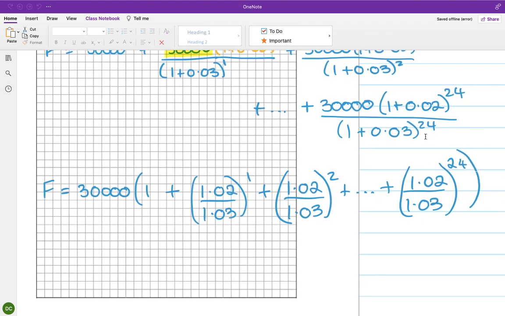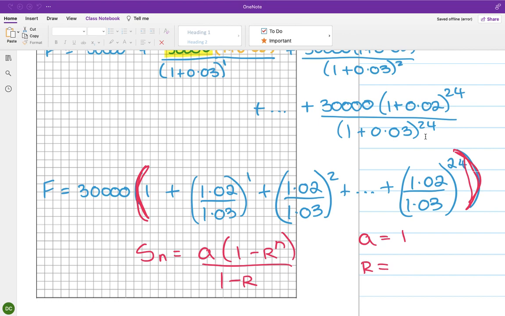Same again. I'm going to take the bracket and I'm going to S_n the bracket. So it's a times 1 minus r to the power of n over 1 minus r. A is 1, r is T2 over T1, which is 1.02 over 1.03, and n is the amount of terms in the sequence, which is 25.